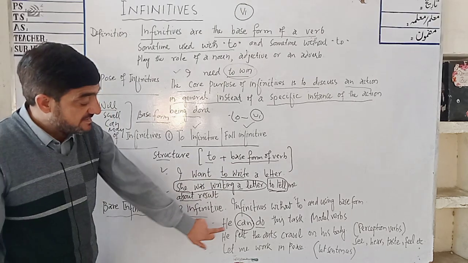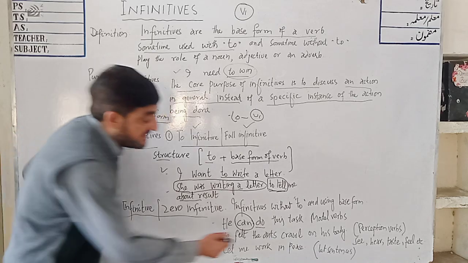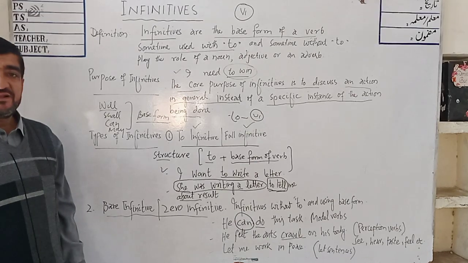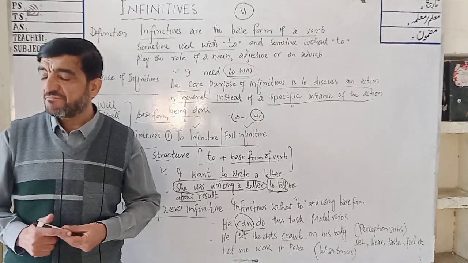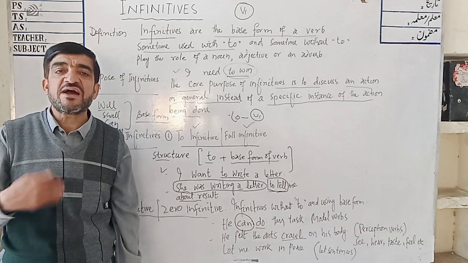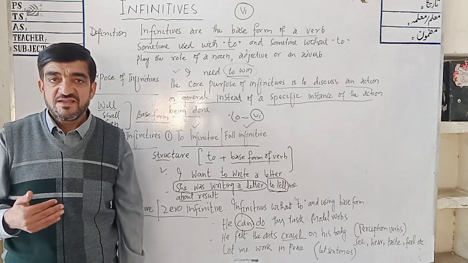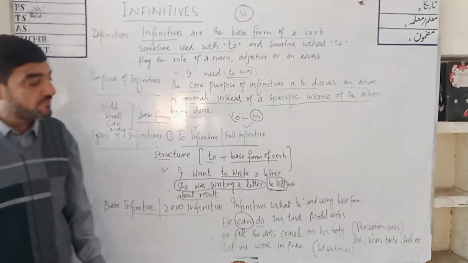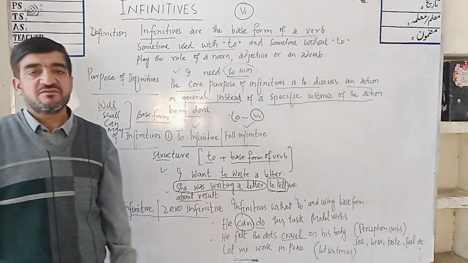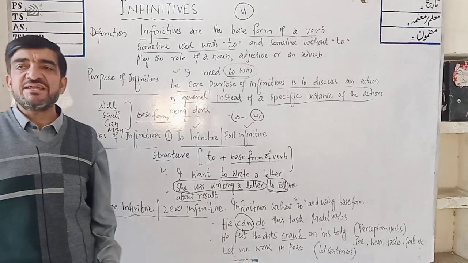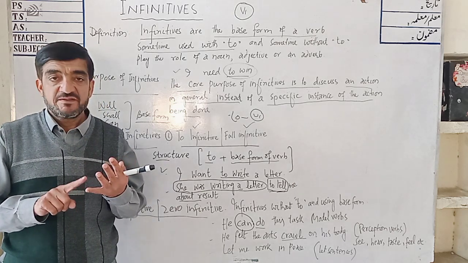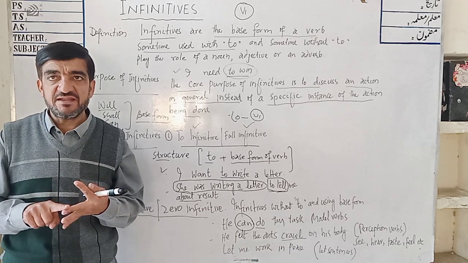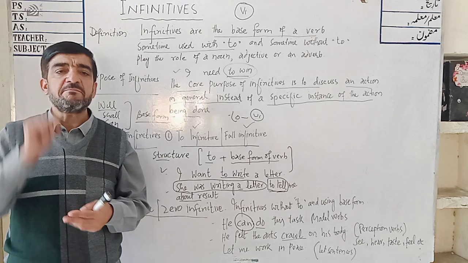He felt the ants crawl on his body. Crawl is the action which is related with our five senses. And this crawl is known as perceptive verb, verbs of perception. You know very well that we have five senses: sense of taste, sense of touch, sense of hearing, sense of smell, and sense of sight.